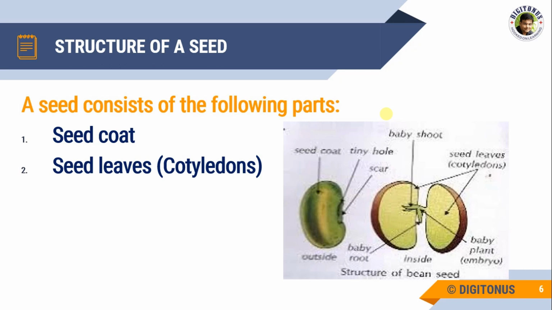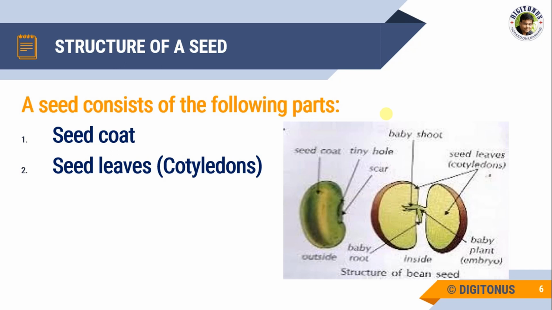The second part is seed leaves, which is also known as cotyledons. See, cotyledons are the part of the seeds that are often referred to as seed leaves. It is the seed leaf within the embryo of a seed. This is because they supply food to the baby plant, which is coming out during the seed germination.